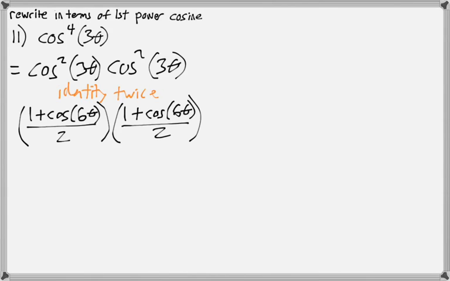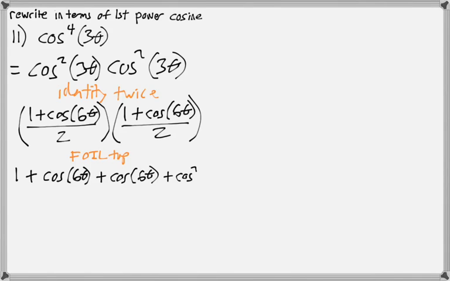And then I want to FOIL the tops. So that's going to be 1 plus cosine of 6 theta plus cosine of 6 theta plus cosine squared of 6 theta all over 4.